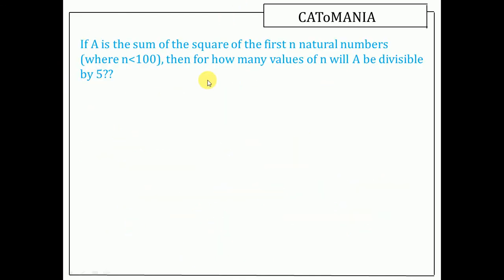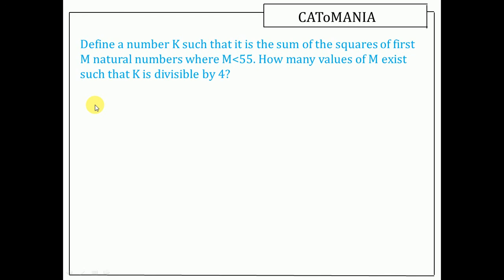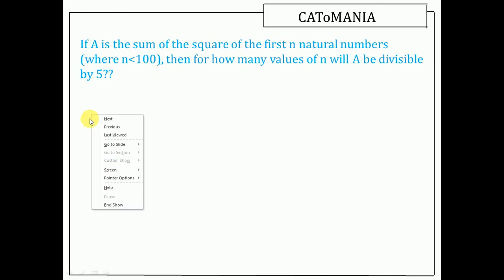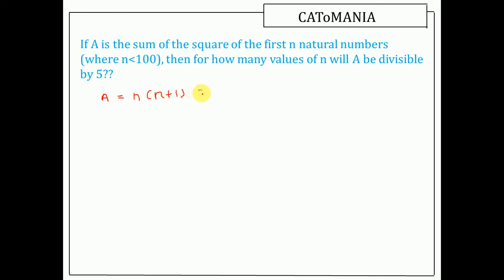If a is the sum of squares of the first n natural numbers, then directly we can write a as n into n plus 1 into 2n plus 1 divided by 6, and a has to be divisible by 5.